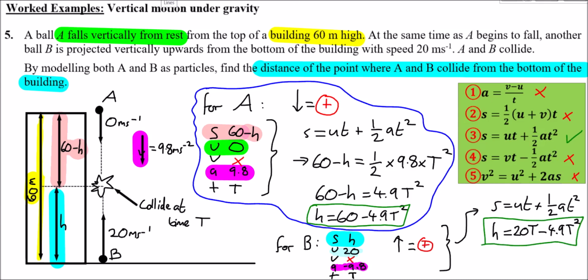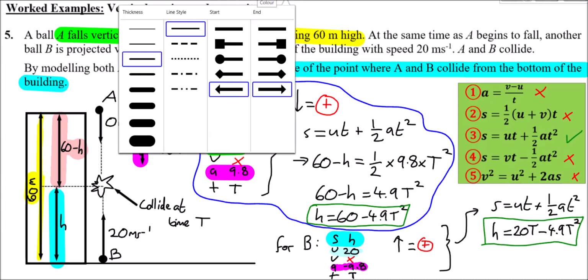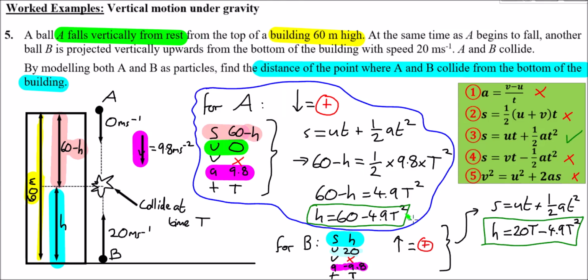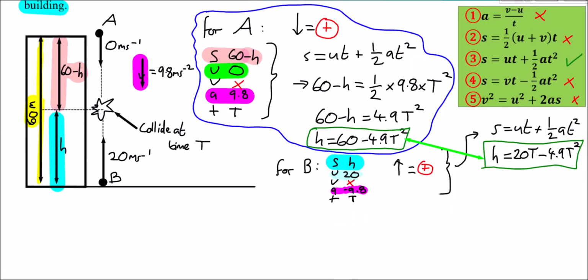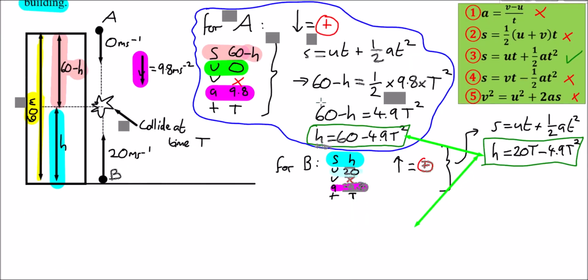So therefore this version of h, which is 60 minus 4.9T squared, must equal what we have here for h, which is 20T minus 4.9T squared.